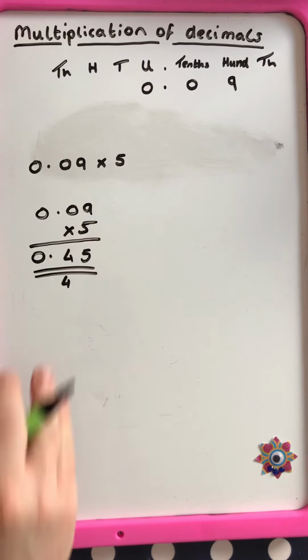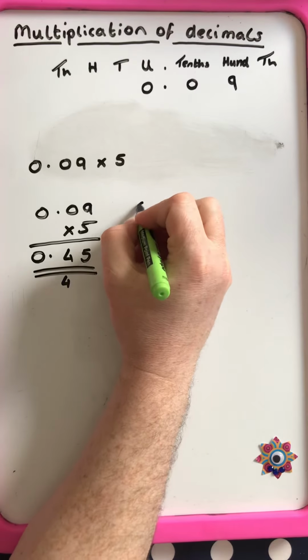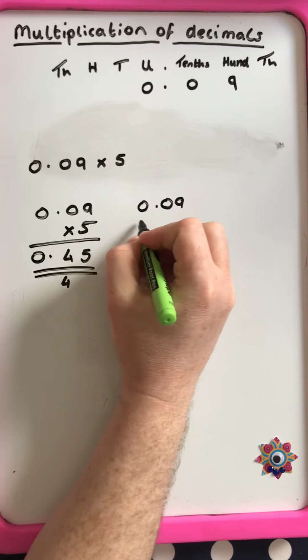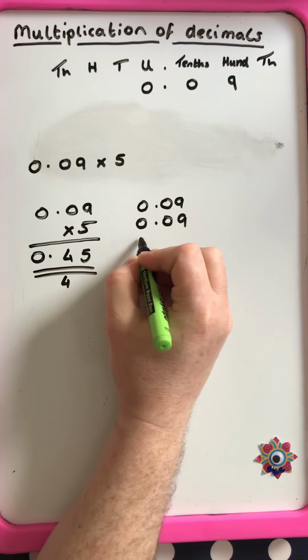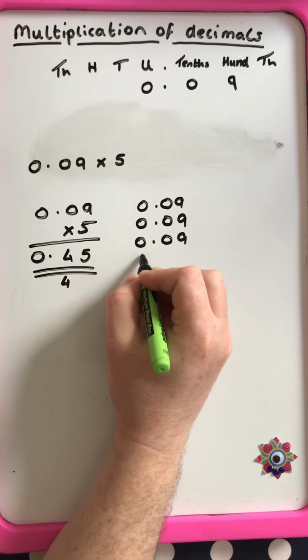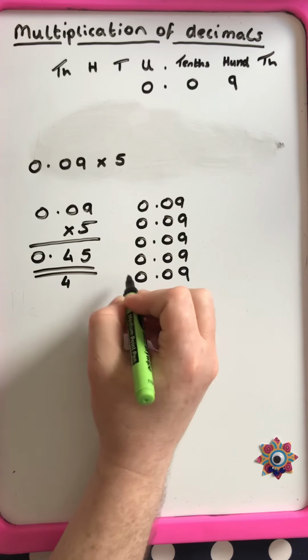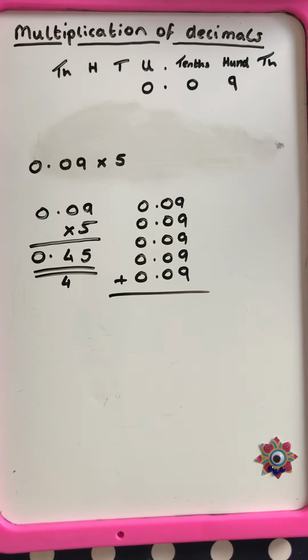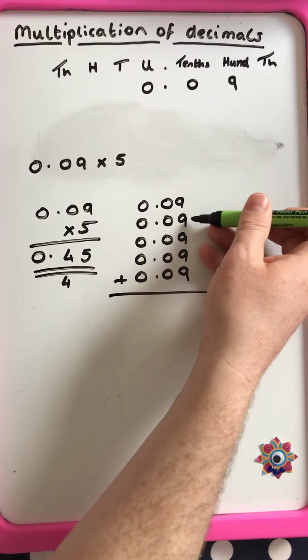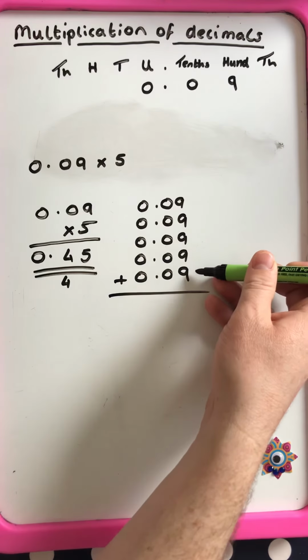So we know multiplication is repeated addition. So strategy number 2, we could repeat that and add it up 5 times. So with our 9 times table, 9, 18, 27, 36, 45.